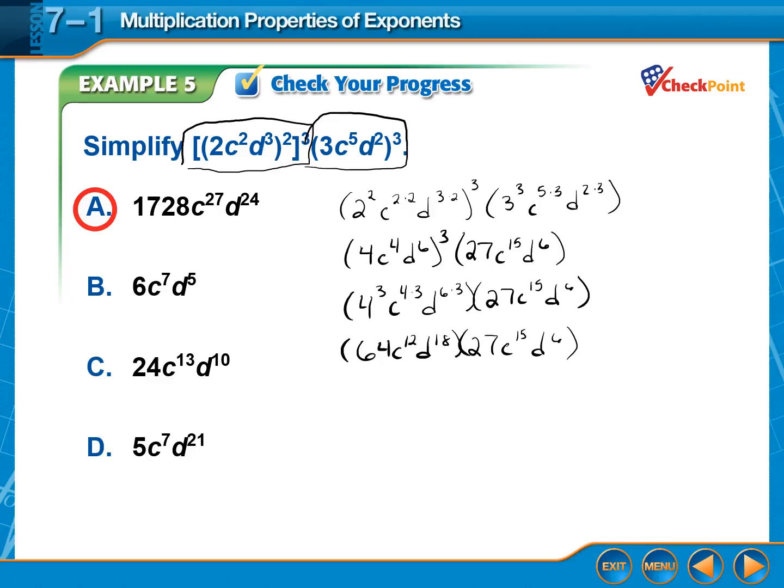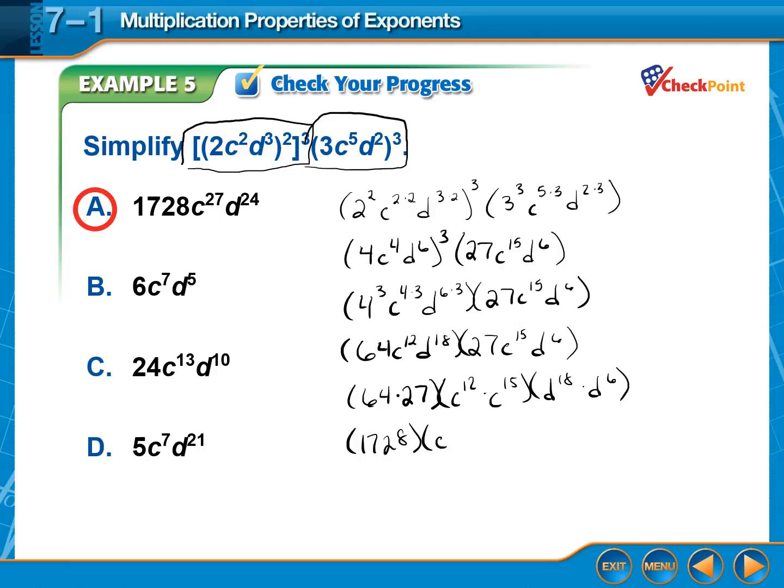So now I just want to combine the numbers and then combine any variables that have the same bases. So I'm going to multiply 64 times 27. And when I do c to the 12th times c to the 15th, and d to the 18th times d to the 6th. So 64 times 27, right away I can see that the only possible reasonable answer here is 1,728.